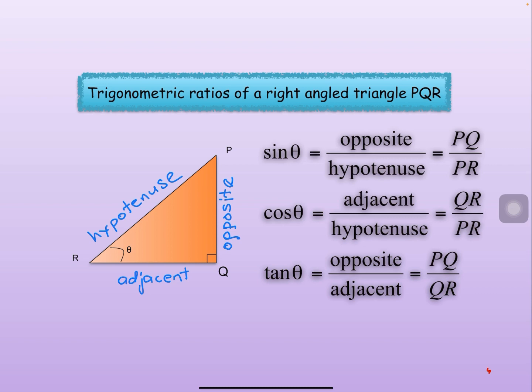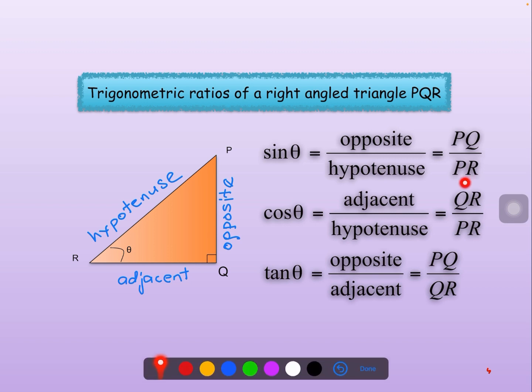Sine theta is opposite over hypotenuse, that is PQ over PR. Cos theta is adjacent over hypotenuse, so we have QR over PR. And tangent theta is opposite over adjacent equals PQ over QR.